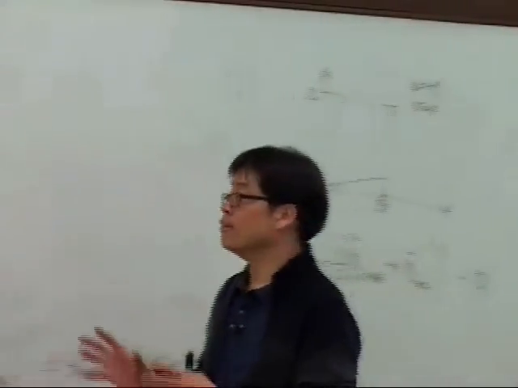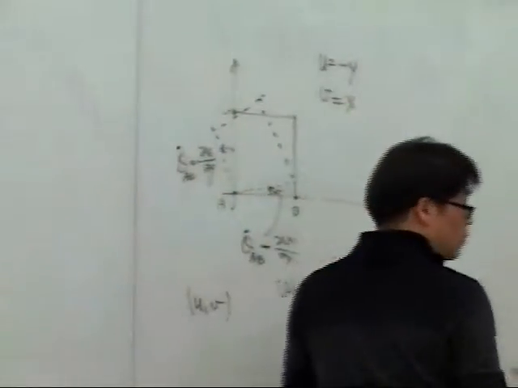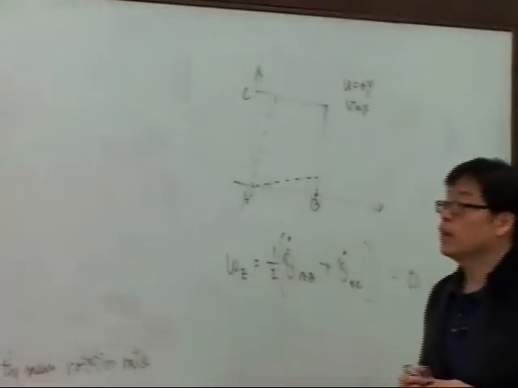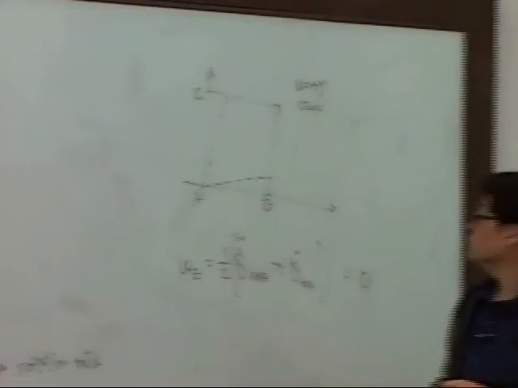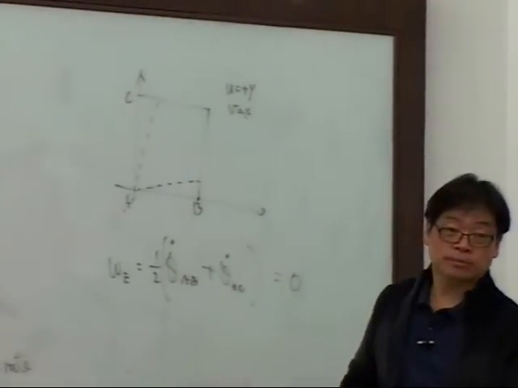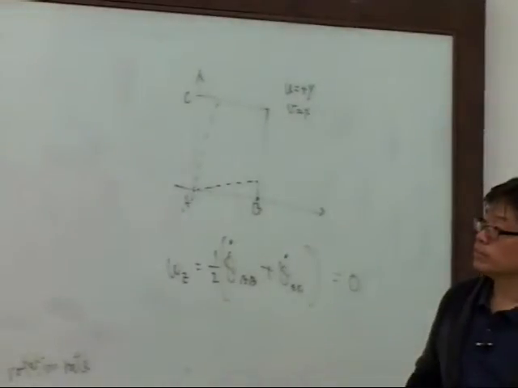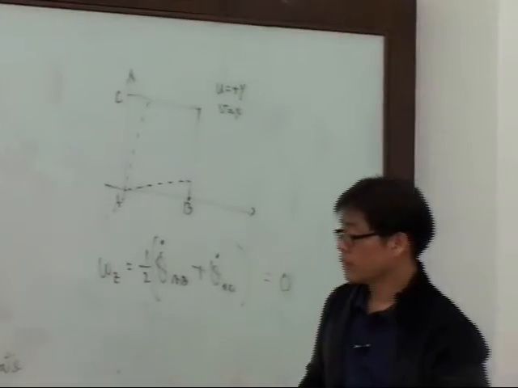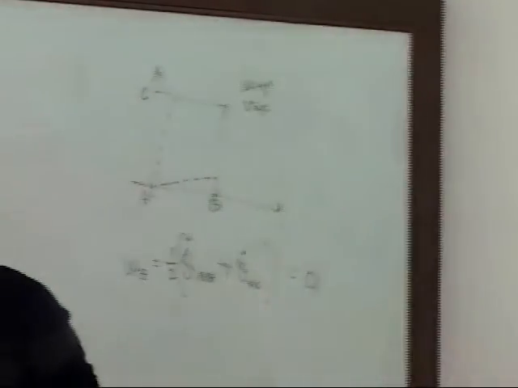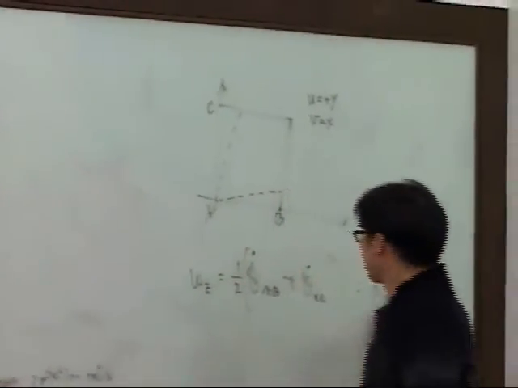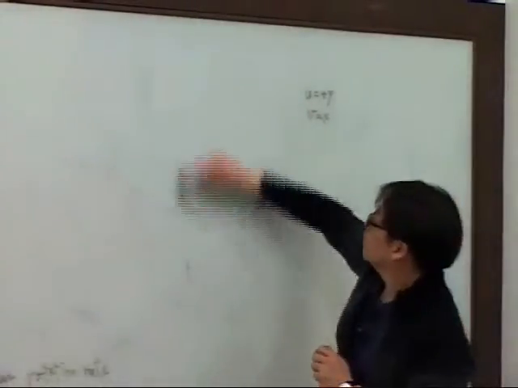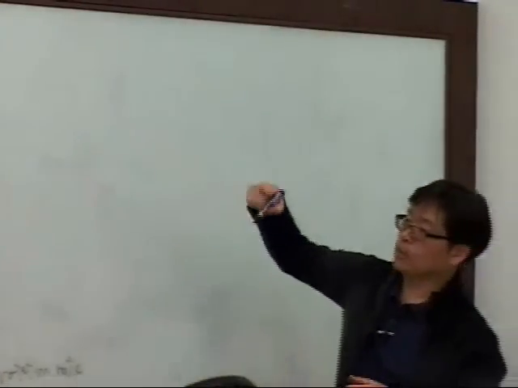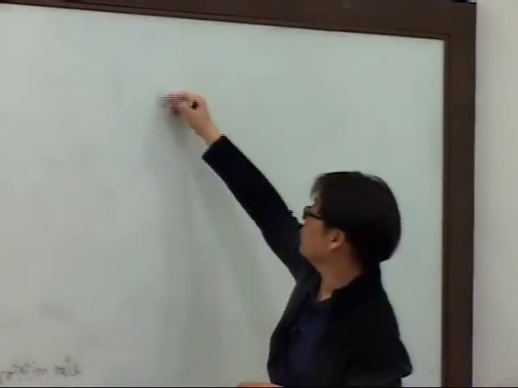So if we have a flow like this, then we say this flow is rotational. If we have a flow like this, then we say this flow is irrotational. Since we started to talk about the first two and last two, why don't you look at the first one?